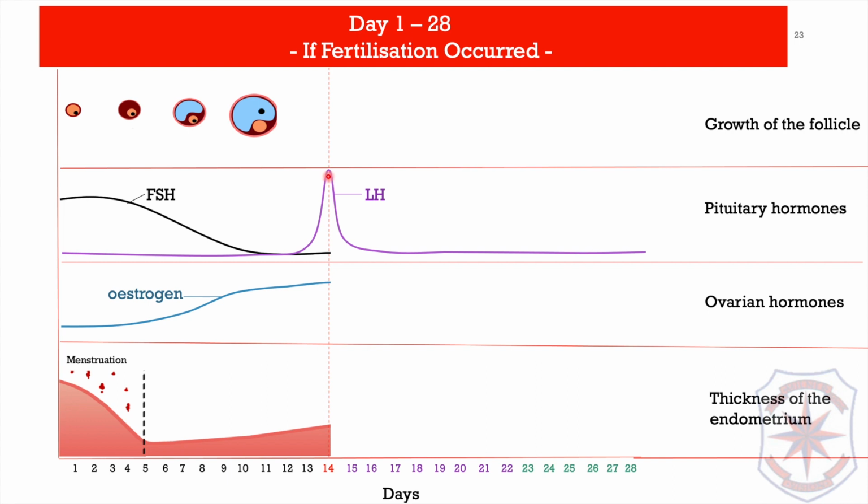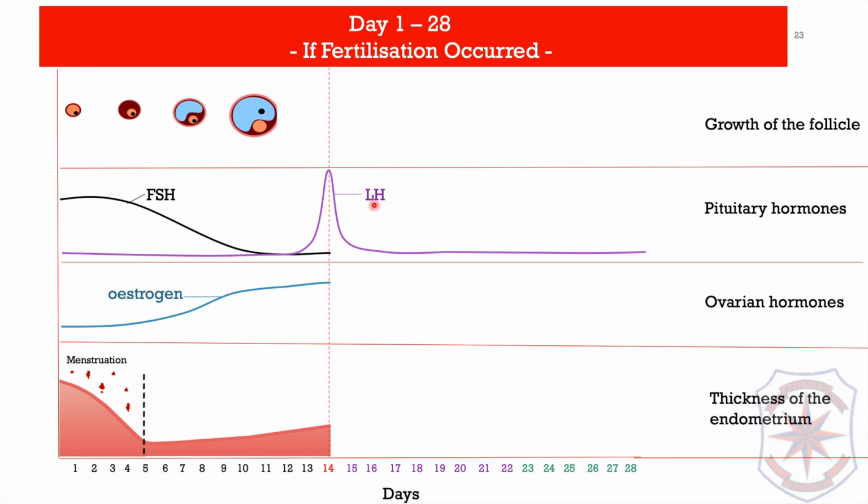What did we say the function of LH is? Remember, as this follicle is maturing and becoming bigger and bigger, inside the follicle, do you see that black dot? Inside the follicle, we have an ovum that is growing. So oogenesis is happening inside the growing follicle as the days pass.